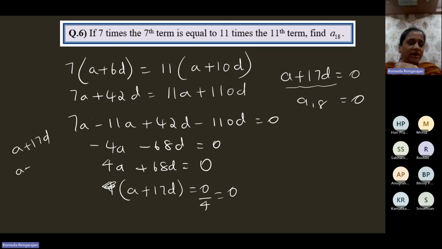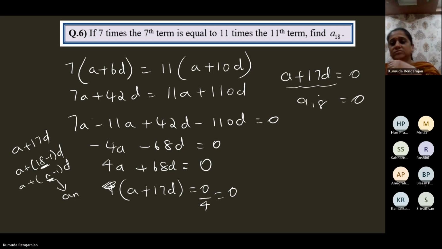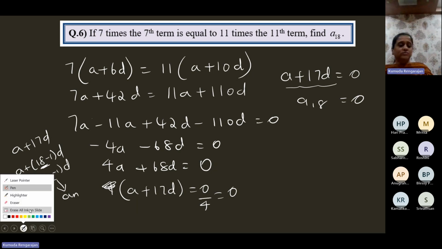It's nothing but A plus 18 minus 1 into D. Like A plus N minus 1 into D is the nth term. So A plus 18 minus 1 into D will be the 18th term. So A18 is 0.